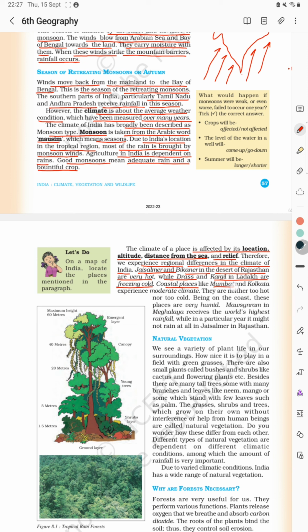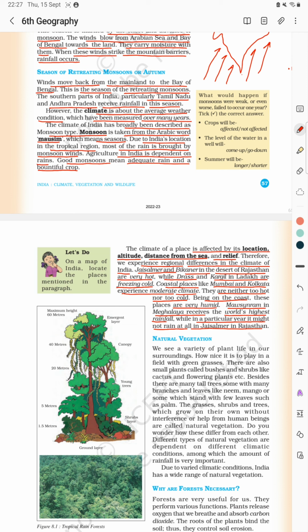Coastal places like Mumbai and Calcutta experience a moderate climate. They are neither too hot nor too cold. Being on the coast, these places are very humid. Mawsynram in Meghalaya receives the world's highest rainfall, while in a particular year it might not rain at all in Jaisalmer in Rajasthan.